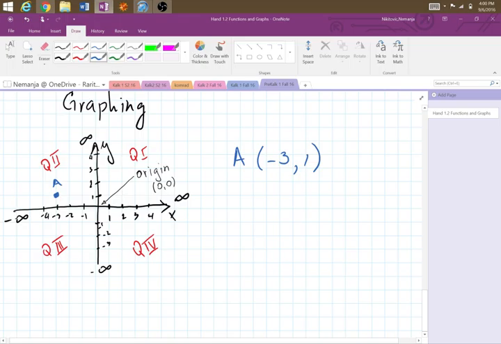You can see that the y value for this point is 1, because this is the y-axis, and the x value for this point is -3, and that's where the point A is. And in this fashion, you can trace any point on the coordinate system. This coordinate system is known as a rectangular coordinate system or Cartesian coordinate system. Why rectangular? Because any point you find by actually drawing rectangles. If you draw this one from -3 up and this one from 1 to the left, they will intersect at A and they create this rectangle.